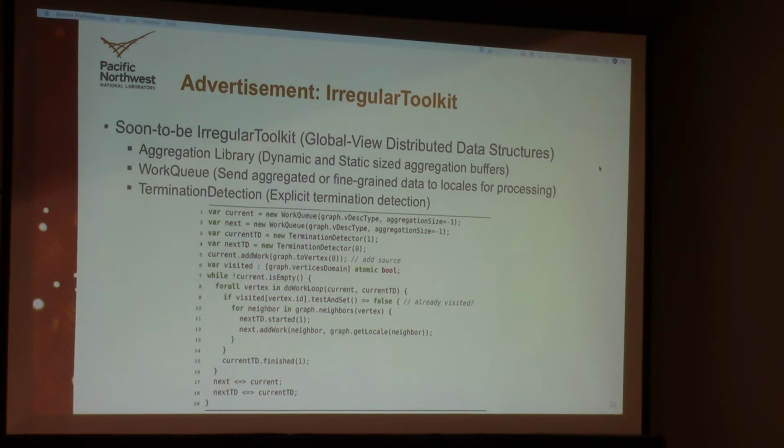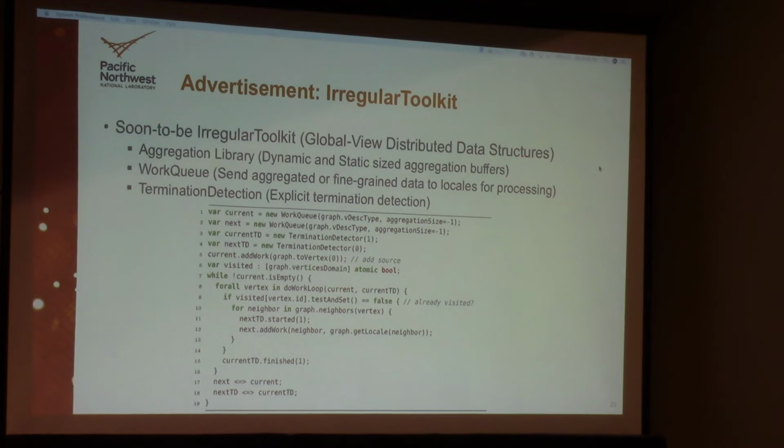And so I plan to release an Irregular Toolkit soon, full of globally distributed data structures, in case people are interested. Even though it was announced a year ago, unfortunately it has not been cleared to be in its own repository yet.